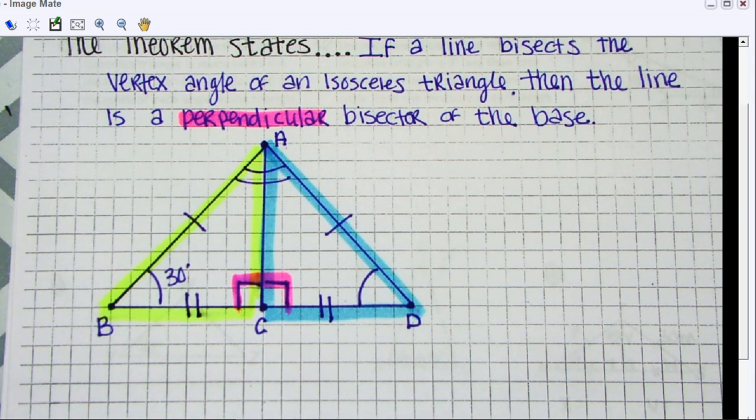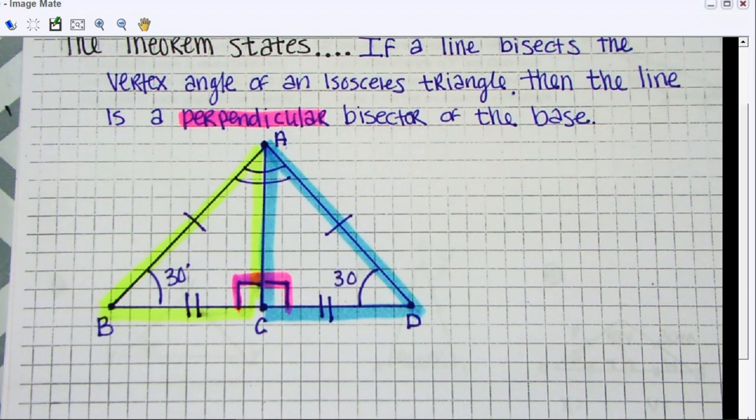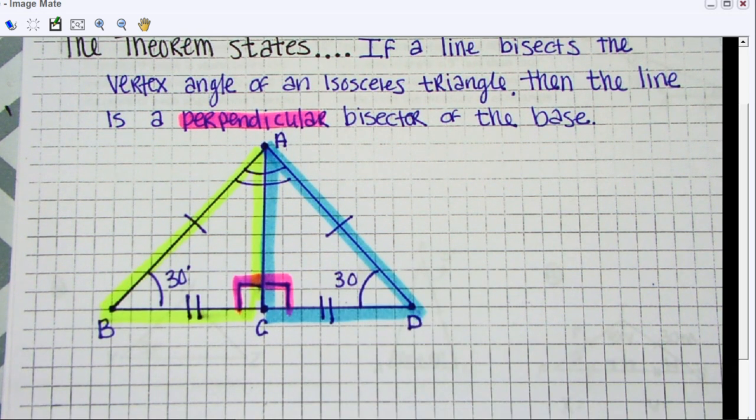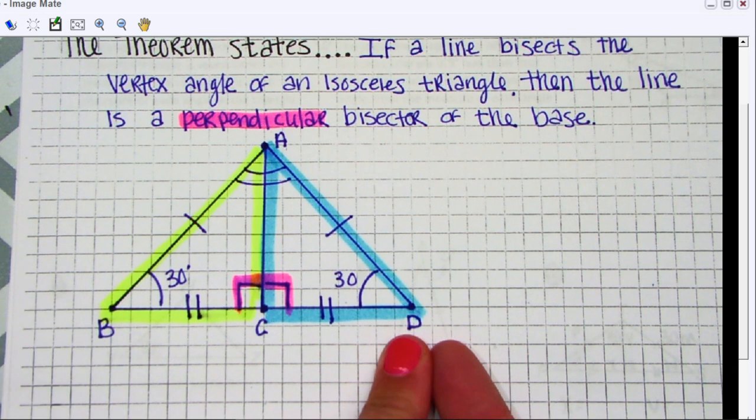Good job. So angle D is also 30. You can kind of envision, like what we talked about with your reflections, this line, I can flip this triangle over. They can smush together. These two angles are going to be equal because I can flip this triangle over here.